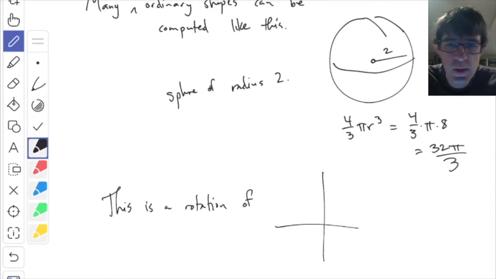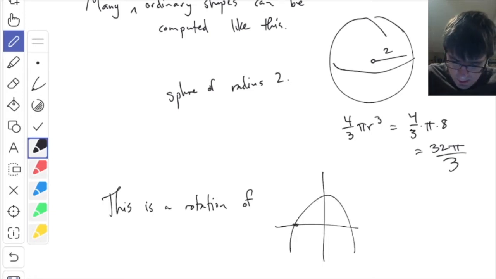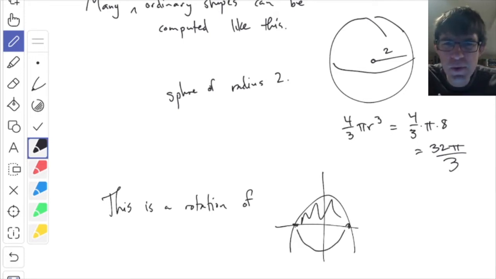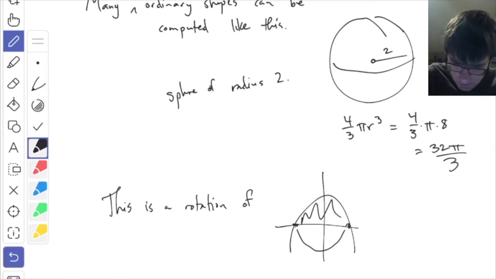What do you think? Would it be a parabola? I don't think so. If you rotate a parabola, I mean something like this part of a parabola, you get something kind of sphere-like but sort of pointy. That's more like a football shape, a rugby ball shape, if you will. Any other idea? It's not a parabola.